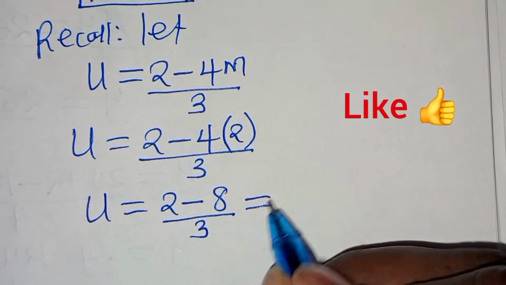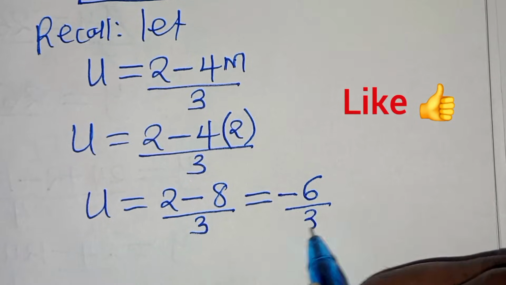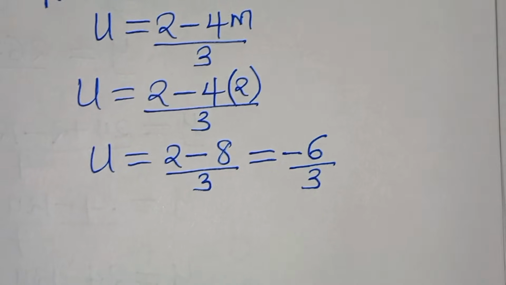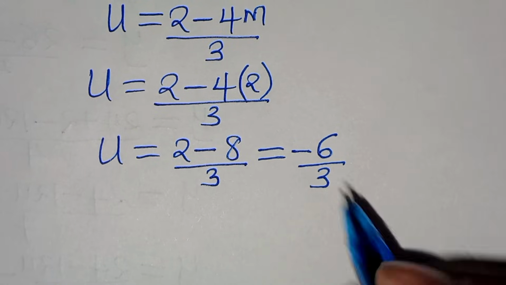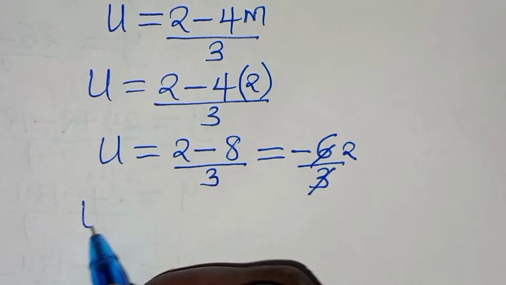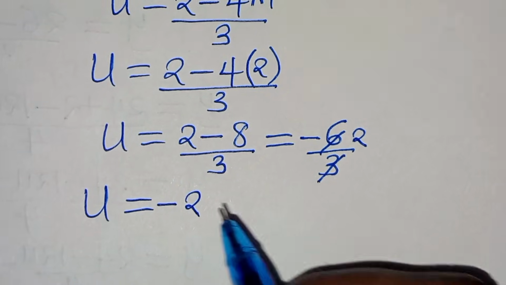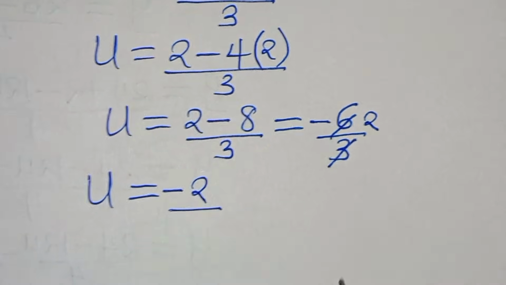And this means that 2 minus 8, this is minus 6 over 3. So let's simplify here: minus 6 divided by 3 is equal to minus 2. So we have that u is equal to minus 2.